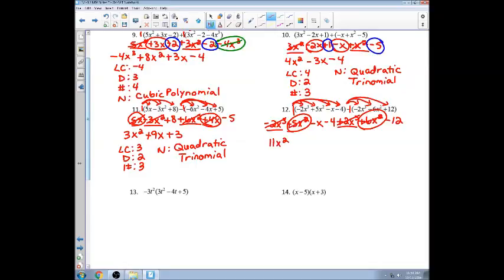Then I have this negative x. There's no other x's up there with it. Now I have negative 4 minus 12, which would be negative 16. And I'm done there. So my leading coefficient is 11. My degree is 2. My number of terms is 3. And the name is a quadratic trinomial.